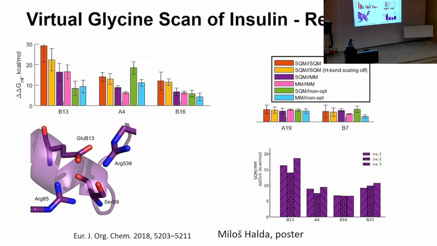Down here in violet, you can see how these SQM energies differ from 3 trajectories. So also a few kilocalories difference can be seen.